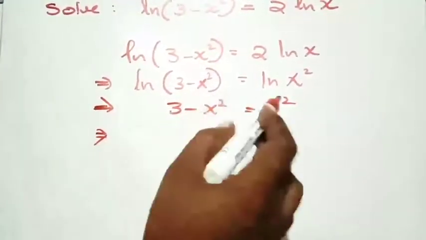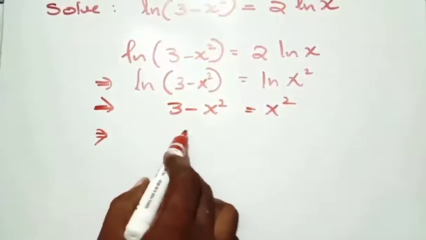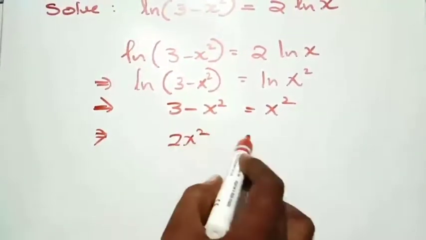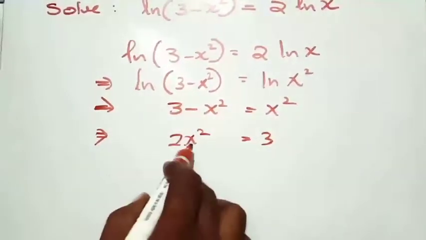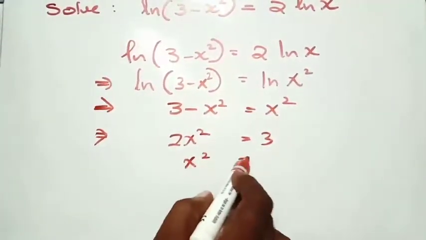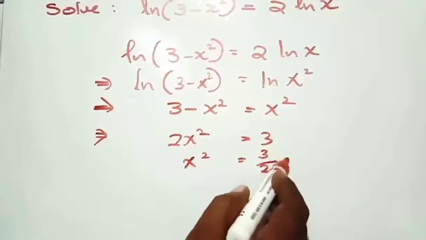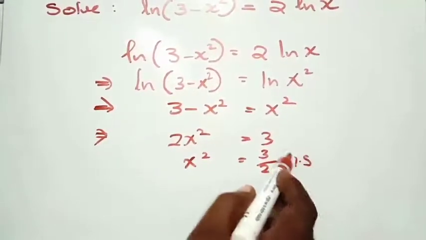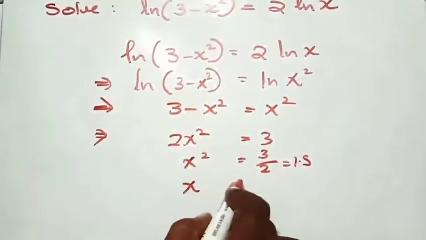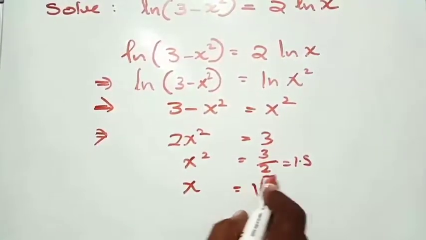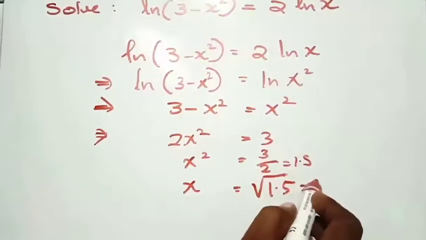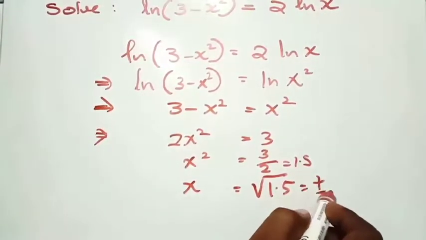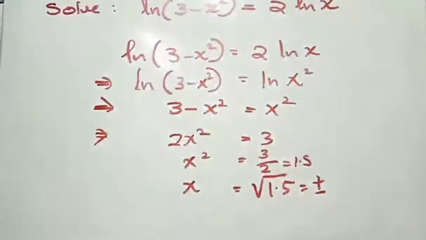That implies 2x squared is equal to 3, or x squared is equal to 3 by 2, or 1.5, so x is equal to the square root of 1.5, which is plus or minus 1.22.